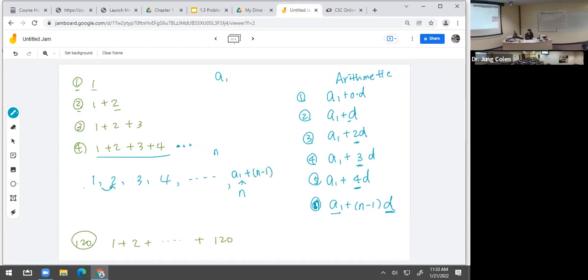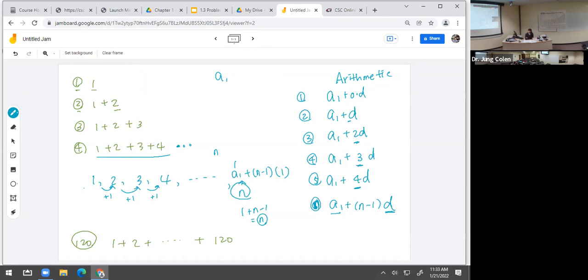The difference here is 1 because we are adding 1 to each of these numbers. So the d is 1, right? And what's our first number? That is 1. So the nth number will be 1 plus n minus 1. So it is n. So it makes sense. The nth number is n, right? So that's the sequence here.